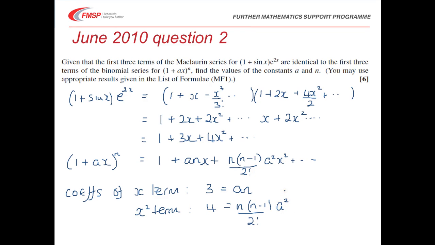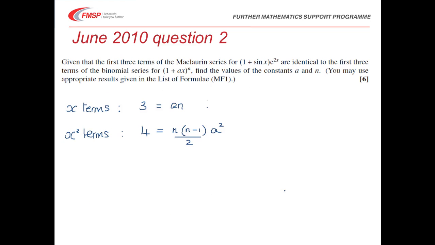So two equations in a and n, so we just need to solve those simultaneously to find the values of our constants. Looking at that first one, if 3 is equal to an, then that means that a is equal to 3 over n.